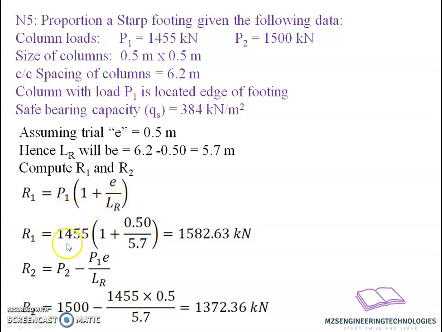So it equals 1455 (1 plus 0.5) divided by 5.7. It comes to 1582.63 kilonewton. Similarly, we can get the R2 value, which equals P2 minus P1 into E divided by LR. P2 is 1500 minus 1455 into 0.5 divided by 5.7, which comes to 1372.36.